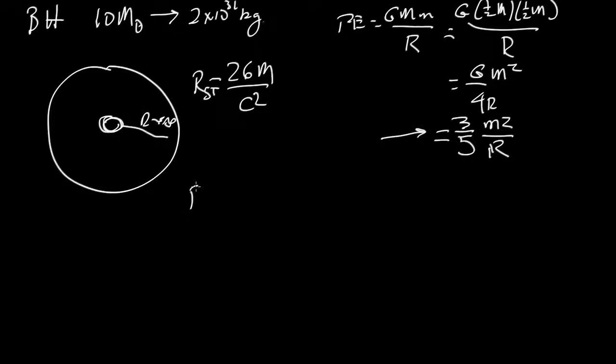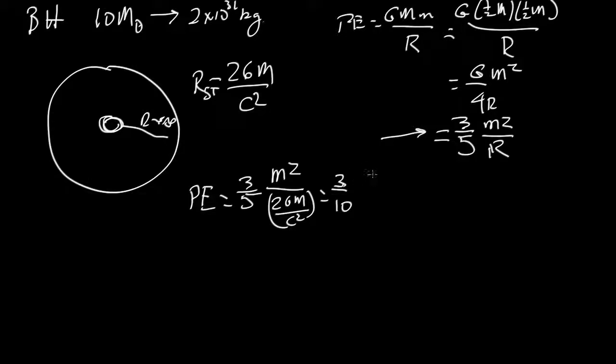So the change in potential energy will then be 3/5 GM squared, where I have now taken the radius and replaced it with 2GM over c squared. And that gives me now 3 over 10 times Mc squared, or 30% of the rest mass energy.